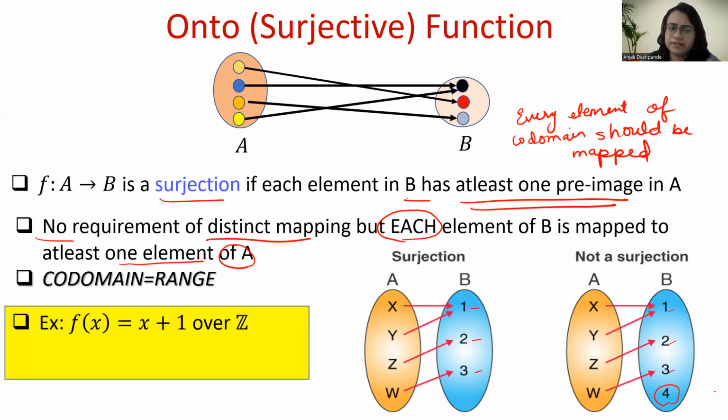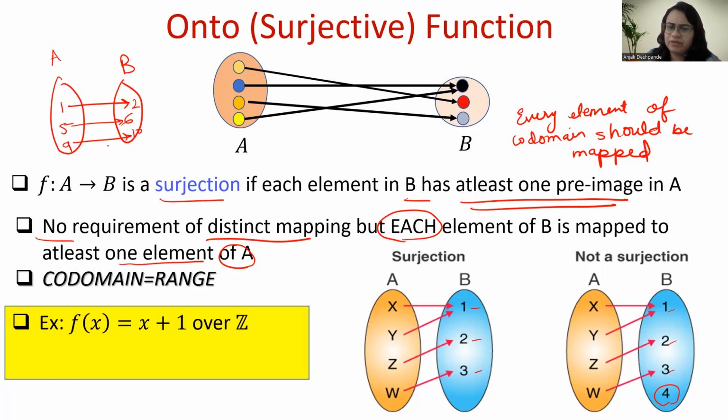So I'll take another example of a function f of x equal to x plus 1 over the set of integers. If I take the domain and codomain, I take 1, 5, 9, it will be mapped to its plus 1. So x will be mapped to x plus 1. 1 will be mapped to 2, 5 will be mapped to 6, 9 will be mapped to 10.